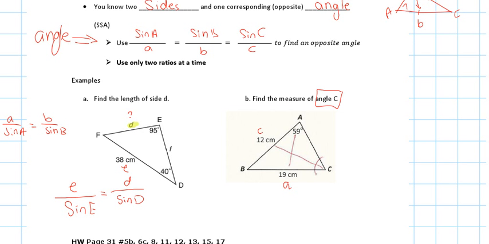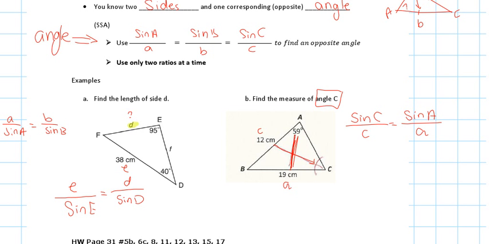I know side C and I'm looking for angle C. So in this case, I can use the sine law. And because I'm looking for the angle, I'm going to use sine C over C equal to sine A over A. Why did I use A and C and not B? That's right, because I have A and I have C and I'm looking for angle C.